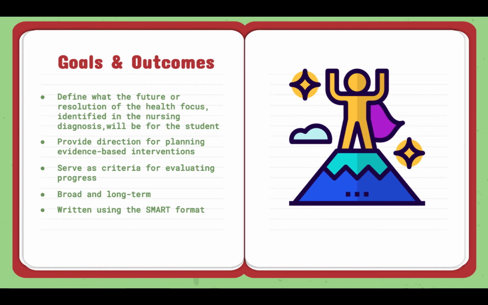Developing student-centered goals parallels the outcomes identification step of the nursing process, right? So in the nursing process, we gather our data, we do a nursing diagnosis, and then we identify what those outcomes are that we want the student or the patient to achieve or reach. What do we want them to end up with at the end? And then we build back in those interventions that help us meet those goals.